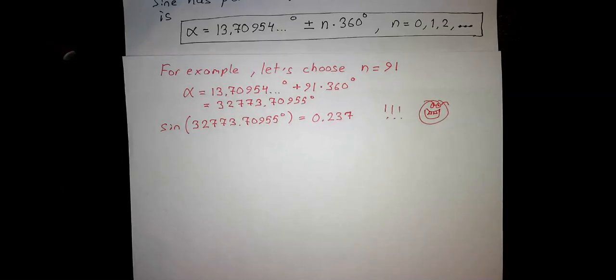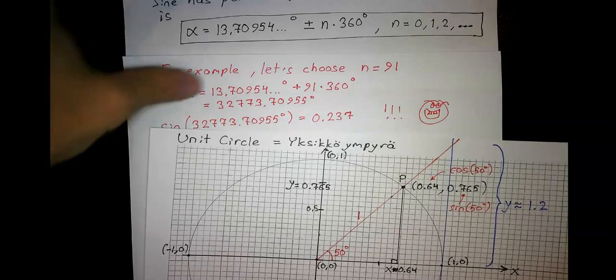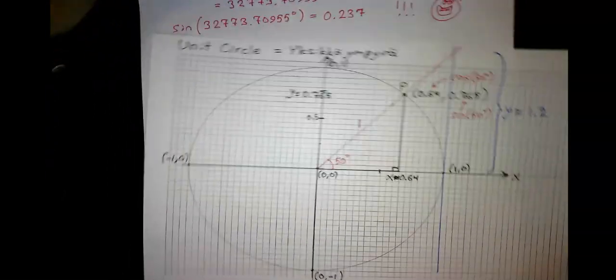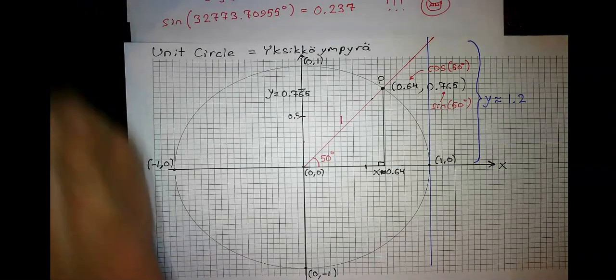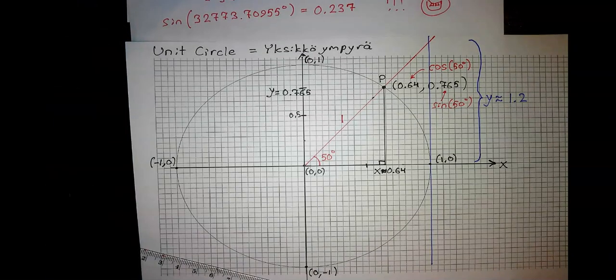Did I do this correctly? Because now when I watch again this unit circle, this is very important, this unit circle, because it helps you to check your calculations and also helps you to find all solutions for the problem.